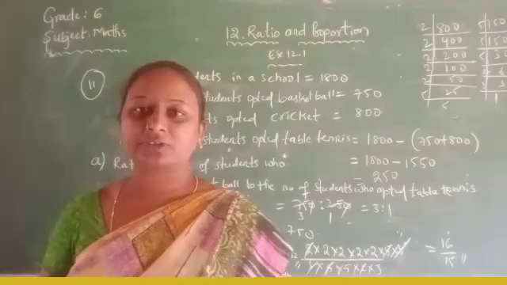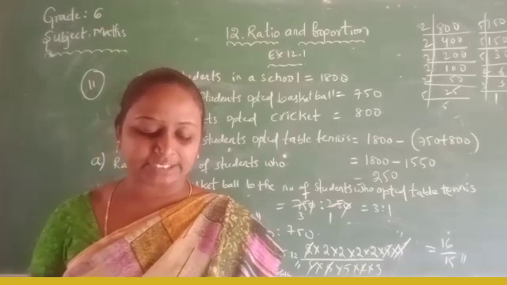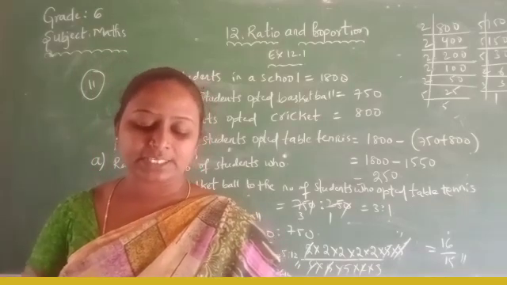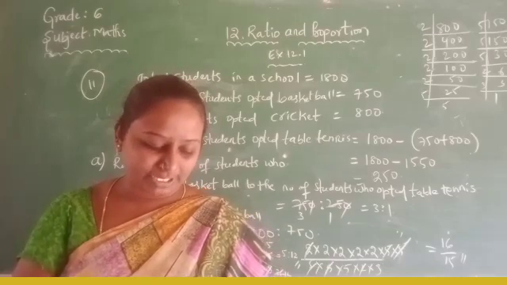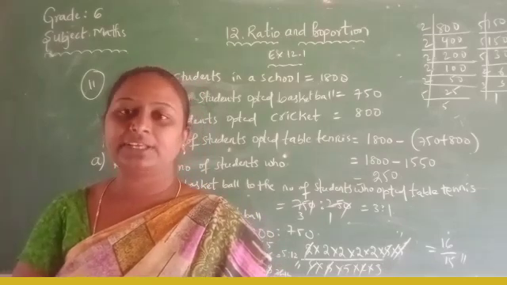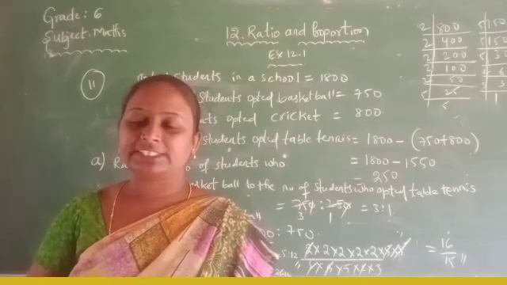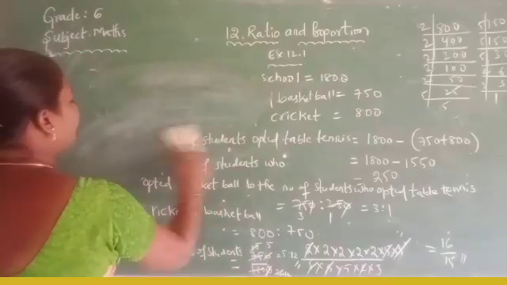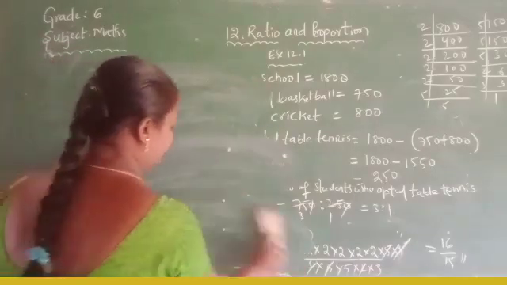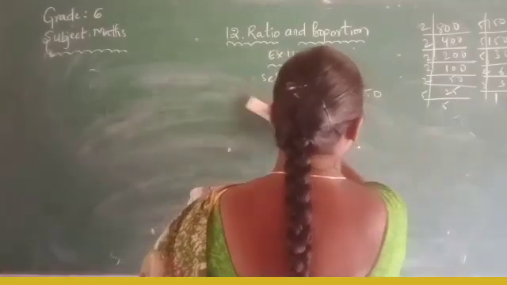Twelfth question: the cost of a dozen pens is 180 rupees and the cost of 8 ball pens is 56 rupees. Find the ratio of the cost of a pen to the cost of a ball pen. A dozen means 12 things. So 12 things cost 180 rupees.